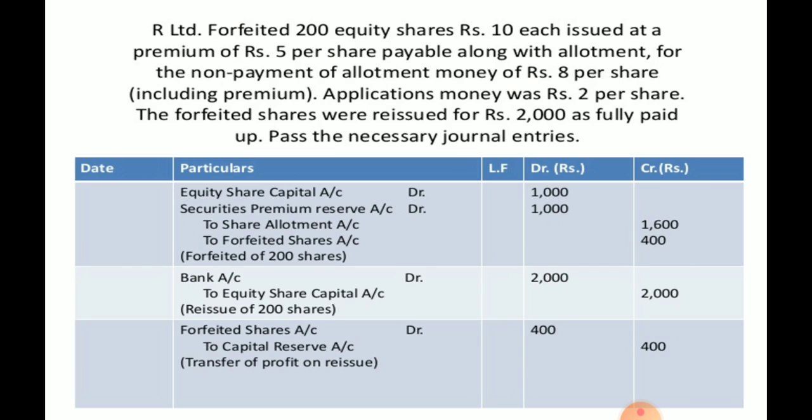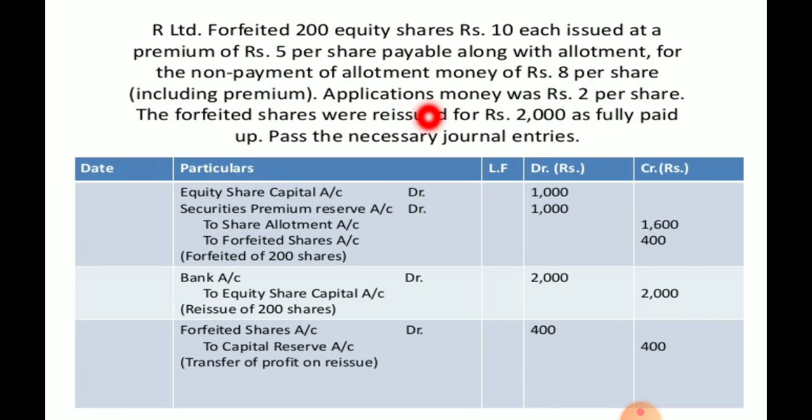The forfeited shares were reissued for rupees 2000 as fully paid up. Pass the necessary journal entry. So, R Limited forfeited 200 equity shares of rupees 10 each, issued at a premium of 5 rupees.